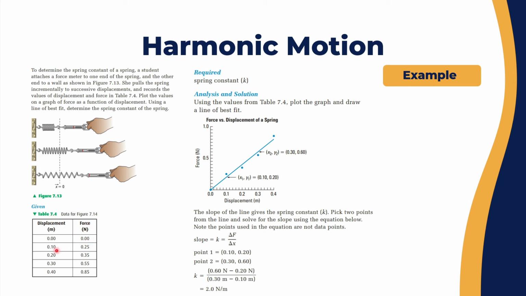We can take point by point; we can say force is y and displacement is x. So at point 0, 0, we draw a point. At point 1 and 0.25, we draw a point, and so on, and we draw a linear line. Let's find the slope. The slope in this case would represent the spring constant K, which equals delta F over delta X. If you rearrange the equation, K would equal 0.6 minus 0.2 over 0.3 minus 0.1, which would be 2 newtons per meter.